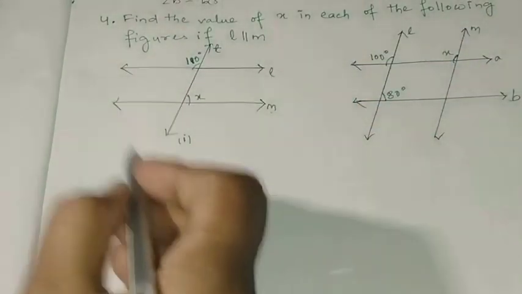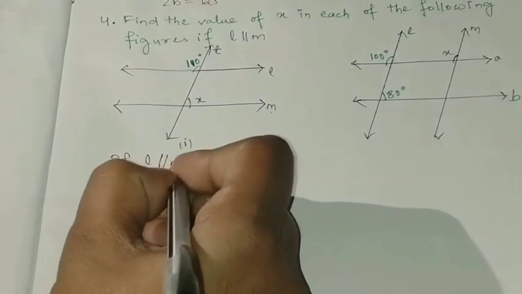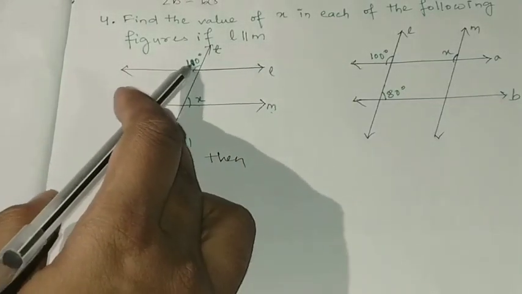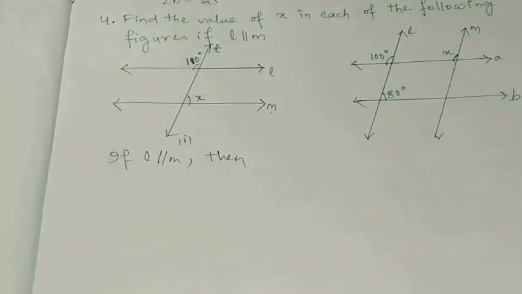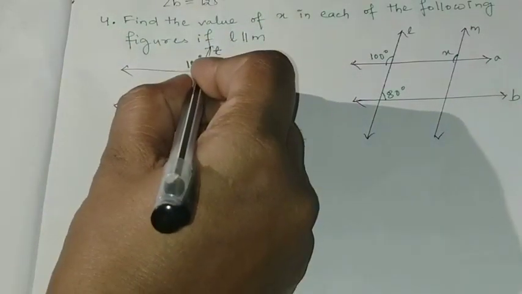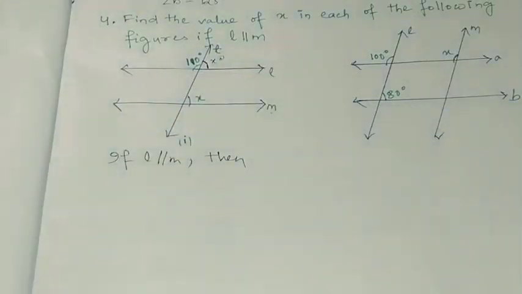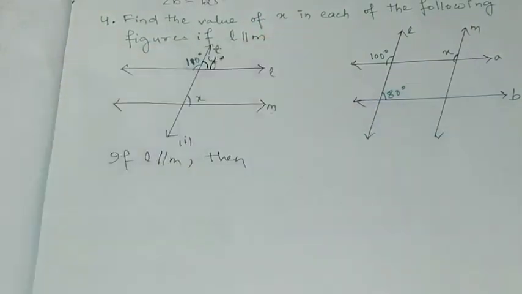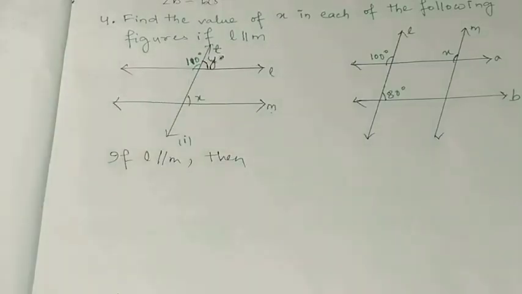From number 1, L is parallel to M. So here what you will write? If L is parallel to M, then you see this is 110 degree and this 110 degree. Sorry, this is X, we'll take this as Y. So this Y and this 110 degree are what? Linear pairs.